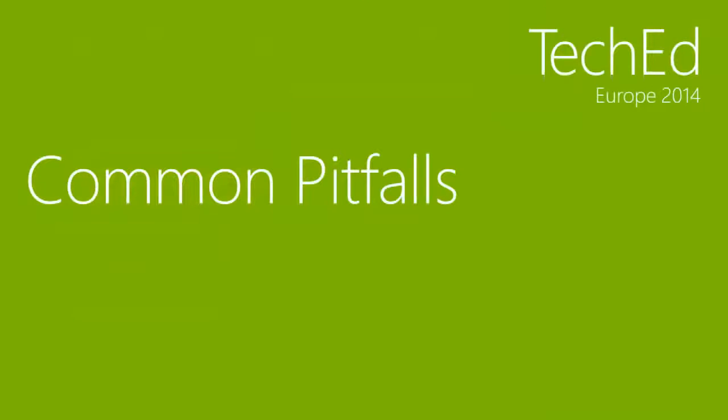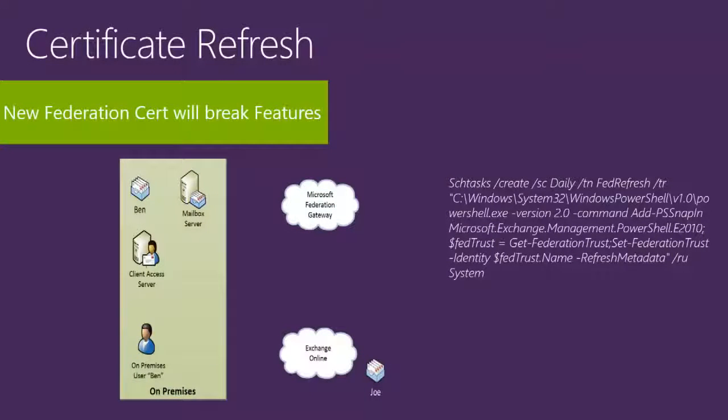So, common pitfalls, some of the problems that you will be seeing or might be seeing. Federation Gateway certificate refresh. It has happened before, and it will happen again. Microsoft did make a change recently and told everyone to refresh the Federation Gateway certificate, the trust certificate used for the Federation Gateway Trust.